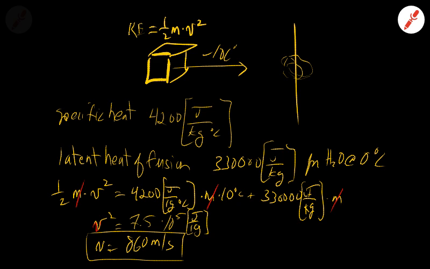And notice this, just to summarize, all we're doing is taking a certain amount of energy at the beginning, equating it to thermal energy in several steps. We have raising the ice cube up to 0 and then melting it.